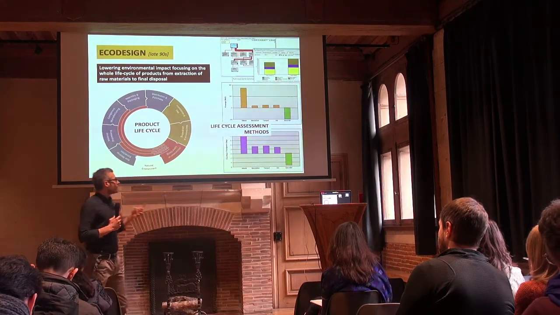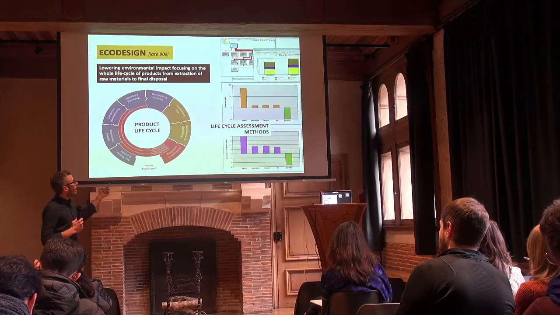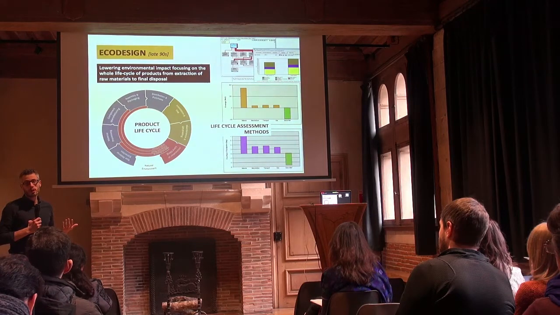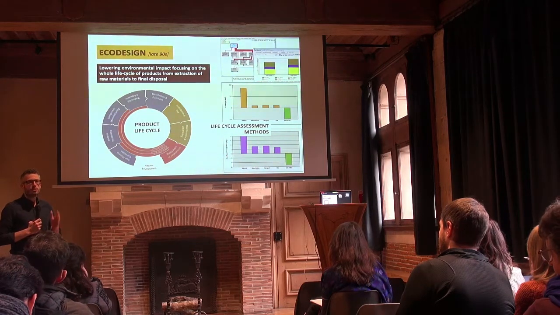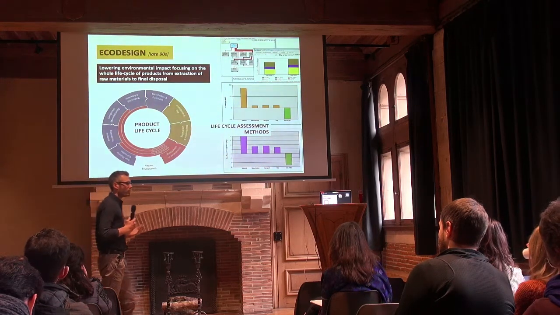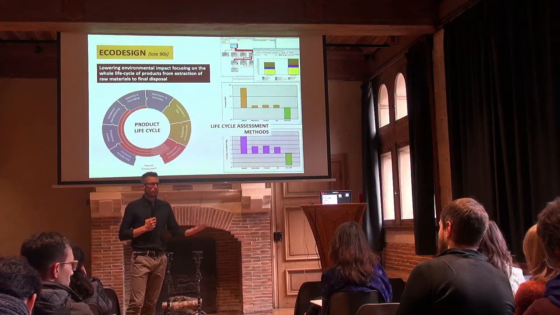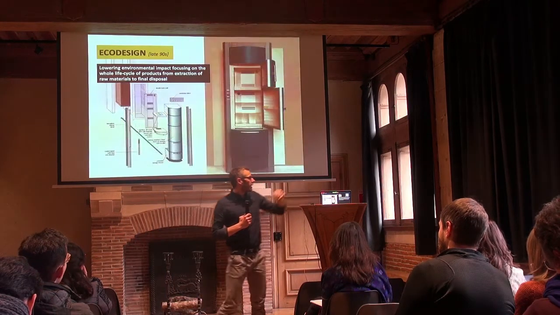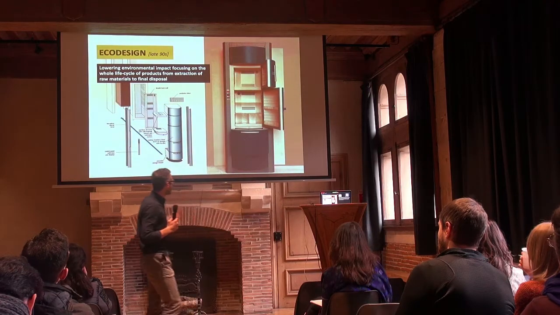It's interesting to note that the development of eco-design took place hand in hand with the development of life cycle assessment. This allowed designers to prioritize intervention, to compare different concept alternatives, and also to quantify the improvement of their design solutions. We can see here an example of how eco-design has been applied.